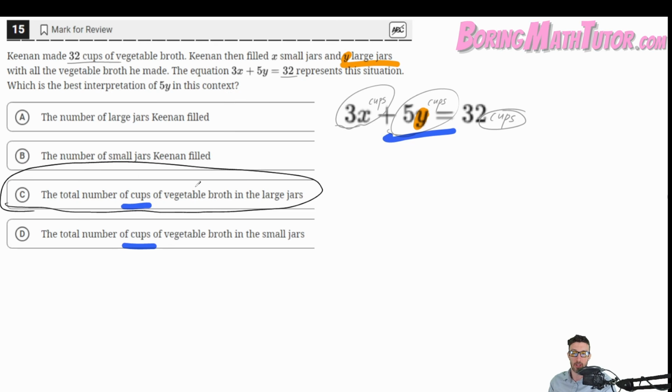The total number of cups of vegetable broth in the large jars, plus maybe the amount in the small jars, that would get you the total cups of vegetable broth that he has. He's got some small, some large, and then he's got a total. So that's it. We looked for the word cups, we looked for the word large, and at that point, we could have just been on our way.